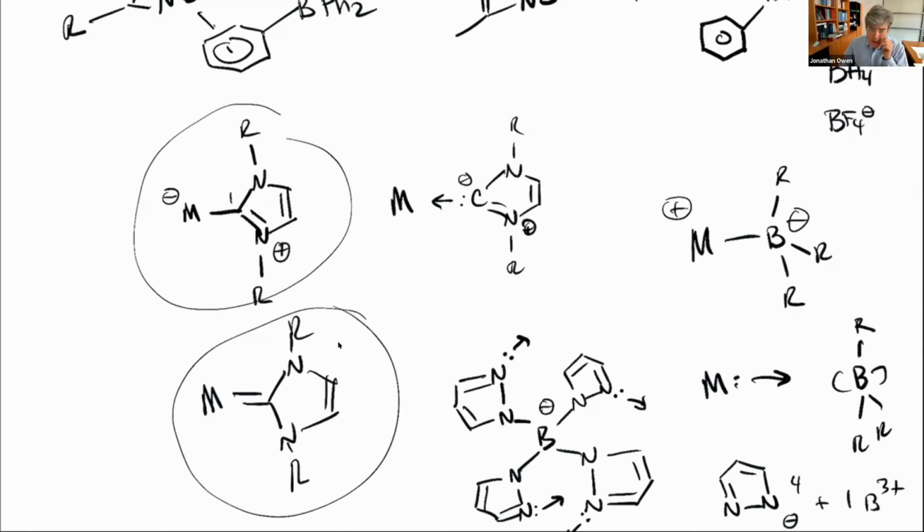Ah, okay. Well, those imidazole ligands are less complicated because you can pull off N-methyl imidazole as a neutral compound. So that's just a simple L-type donor. Okay, that's what I thought.